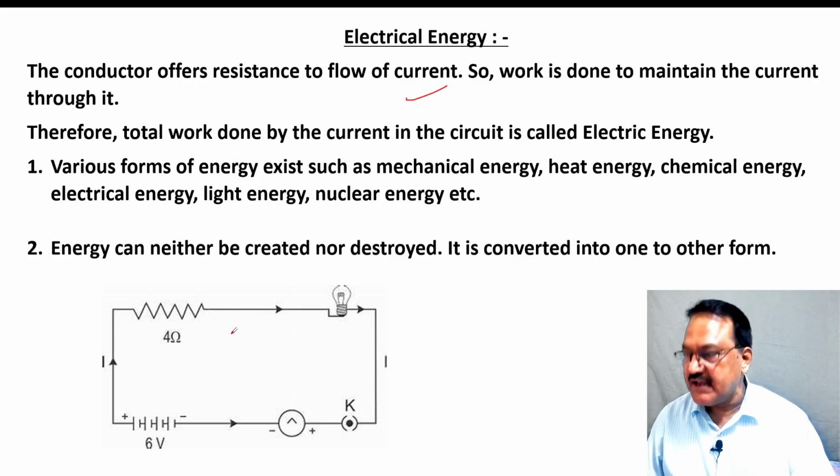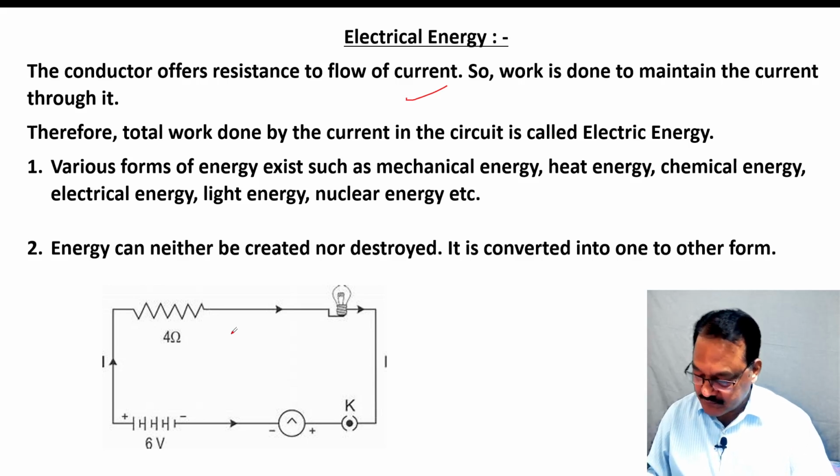It is opposed by the resistance, but we have to maintain the flow of current in the circuit. It means some work has to be done to maintain the flow of current against resistance, and that work is said to be electric energy.